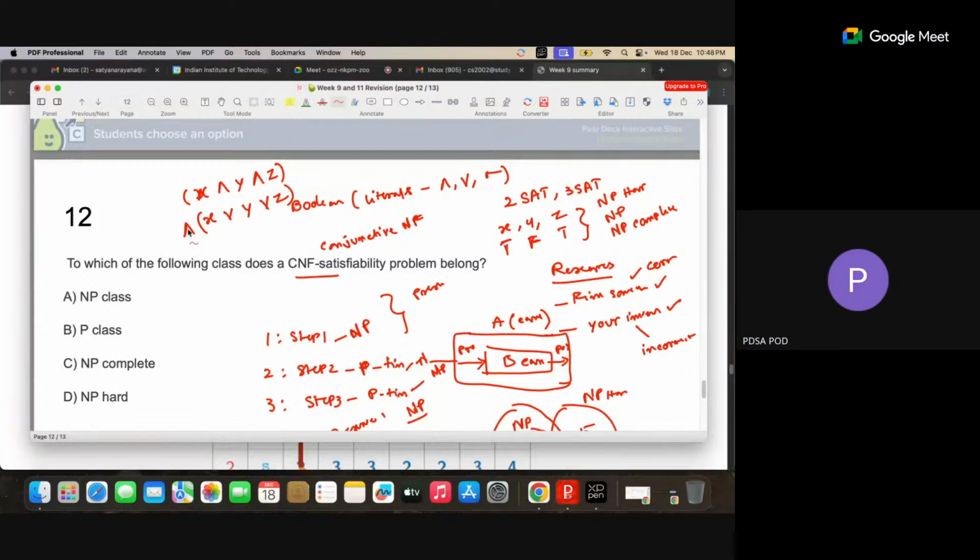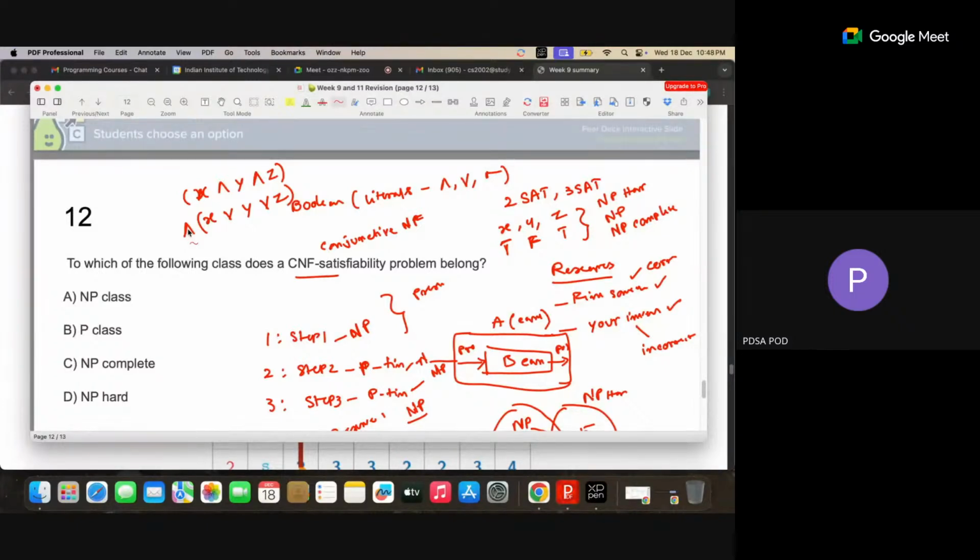Here the literals are Boolean values, true, false, something like that. CNF satisfiability means 2 SAT or 3 SAT problems. Either 2 literals, 3 literals, or 4 literals per clause: that's 4 SAT, N SAT, 2 SAT. Only 2 literals means 2 SAT, 3 literals means 3 SAT. That's simple.